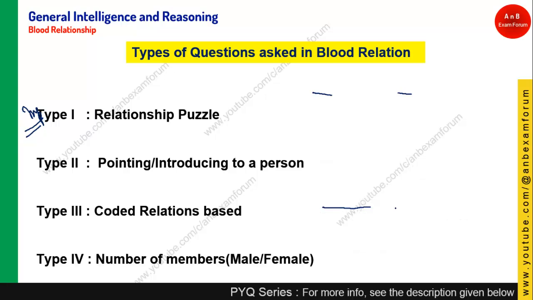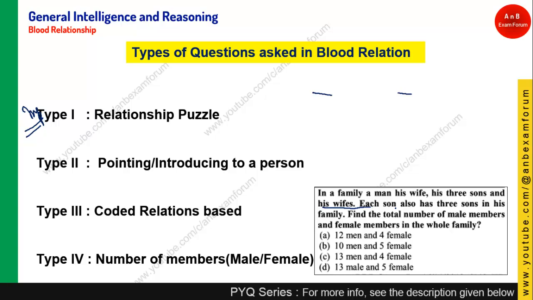The next one is the number of members. How many members are there in this relation, and how many males and females are there? These are also generally asked in exams nowadays. Like in this question, they were asking the total number of men and women in this particular relation question.